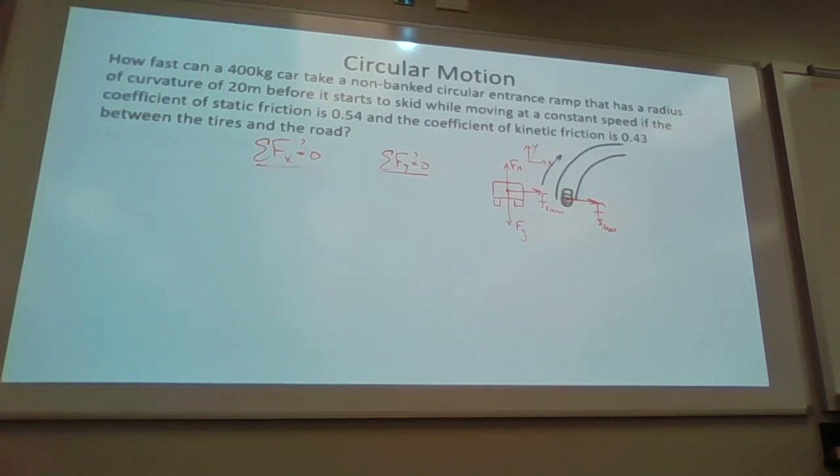Okay, I'm assuming your online class probably didn't do this type of setup. So what I'm doing is, anytime you have more than one dimension, we're going to separate it out into x and y. And we're asking ourselves, is the sum of the forces equal to 0 or not?